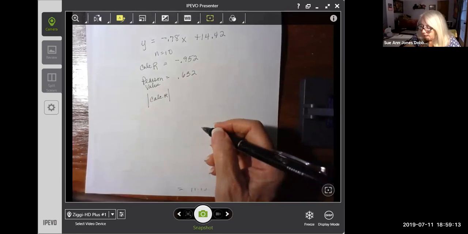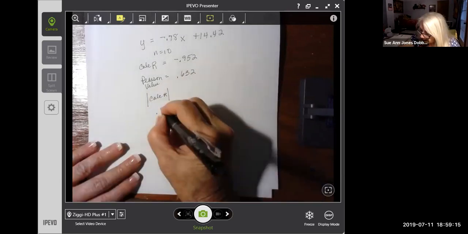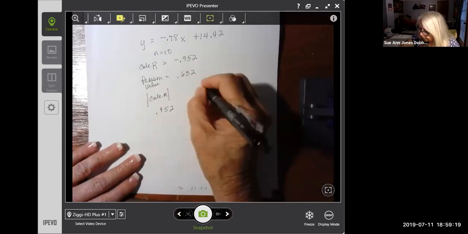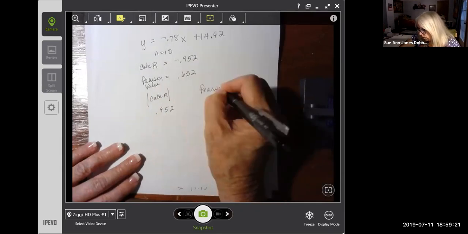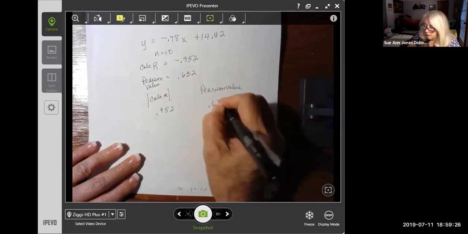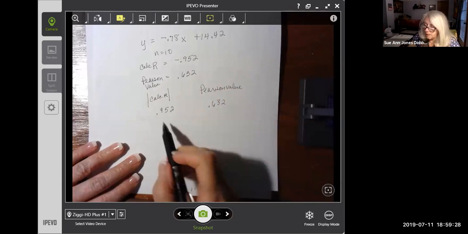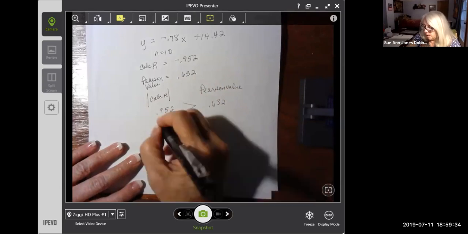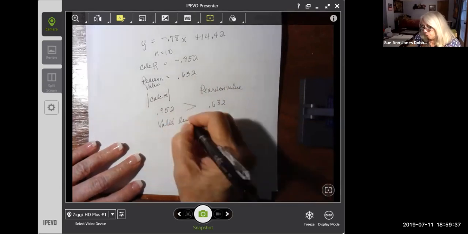So that is actually 0.952, and then the Pearson value from the chart, they're all positive. So you compare these two values, and again, the calculated R value, its absolute value is greater than Pearson, and that means this is a valid linear relationship.